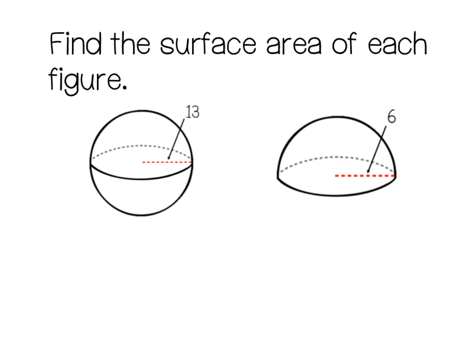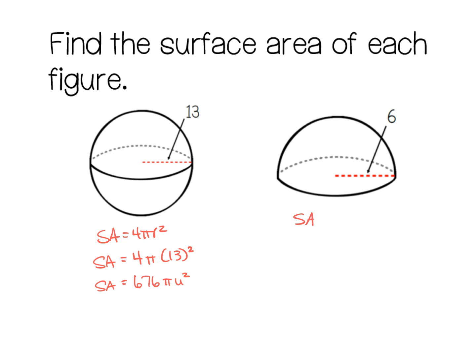On the left here, my surface area is equal to 4 pi r squared. In our case here, my radius is 13. So 4 times pi times 13 squared. 13 squared is 169 times 4 gives me 676 pi square units.